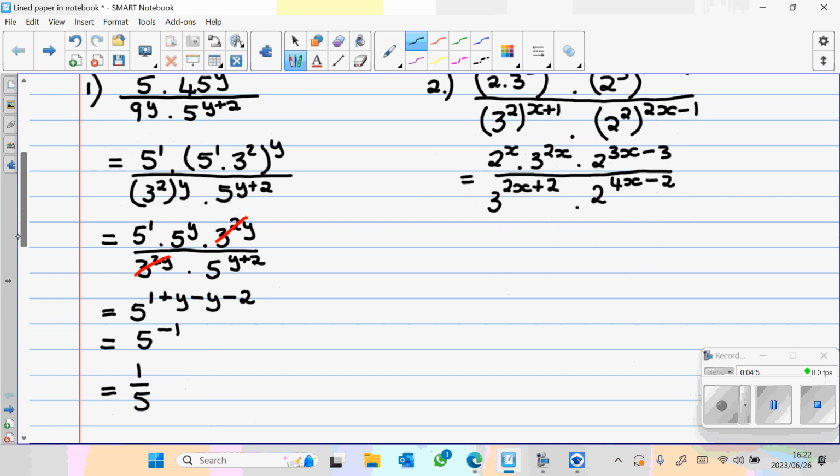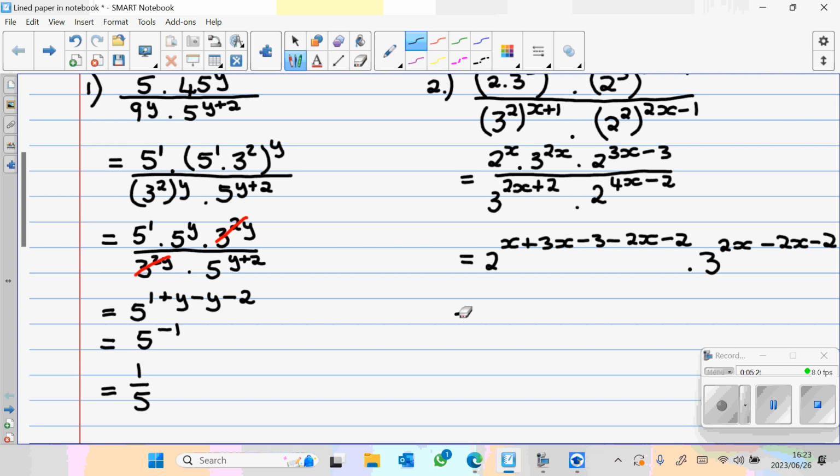And now I'm going to put together the 2's and the 3's. For 2, I have x plus 3x minus 3 at top, then minus 2x minus 2 underneath. And then for the 3, I have 2x on top, and then minus 2x minus 2 underneath.